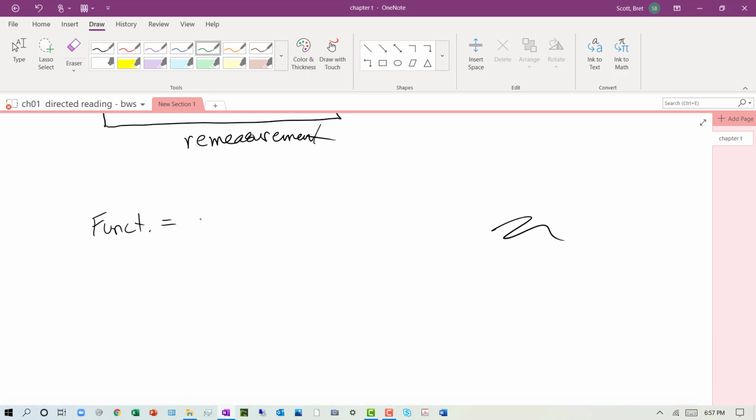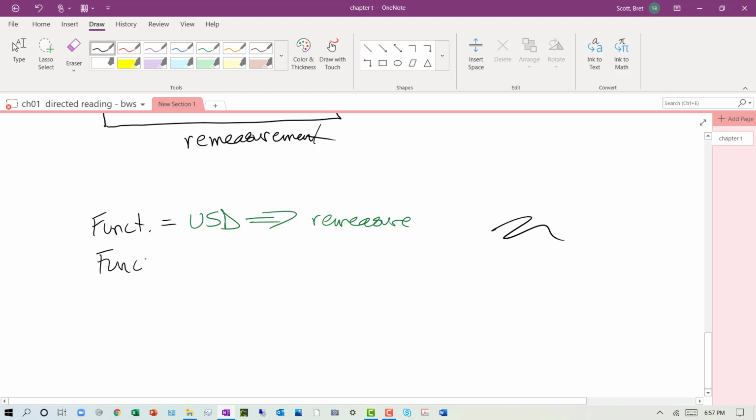So, functional currency. If the functional currency equals US dollars, what does that mean we do? We are going to remeasure. What if the functional currency does not equal US dollars? Well, then the question comes down to this.